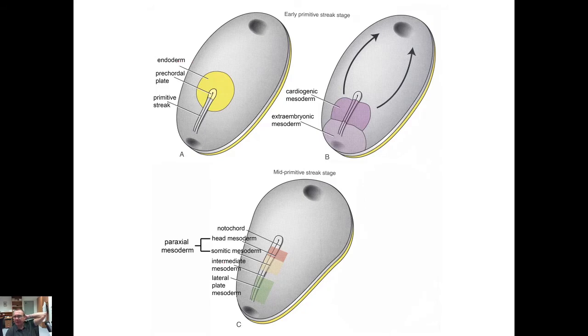The first day of gastrulation was the formation of endoderm, and then there are probably some not very clearly described cells of cardiogenic mesoderm, which are probably migrating to the cardiogenic zone earlier, before the stage of lateral plate mesoderm. So there are two populations of mesodermal cells participating in the formation of the heart: some of them are from so-called cardiogenic mesoderm, which develops earlier, and some of them are from lateral plate, which develops later.